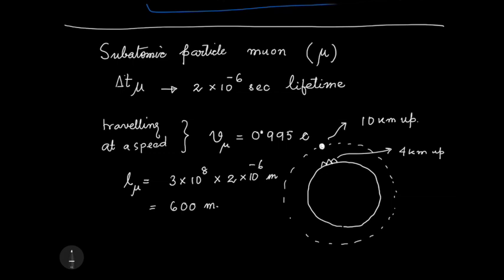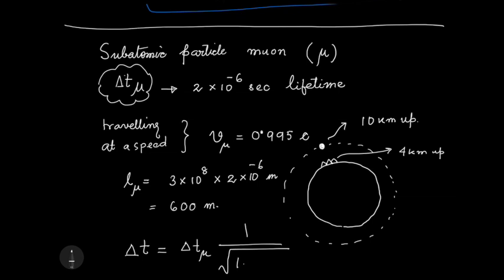How is that possible? It's possible because of time dilation. Because this is the lifetime measured in the muon's reference frame. So it's a proper lifetime of the muon. The lifetime of the muon that we will see is not that, but it is given by 1 by root over 1 minus, I'm putting in gamma over here, 0.995 whole square, right?